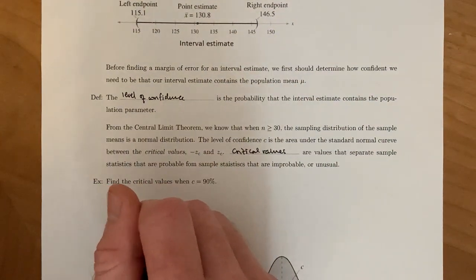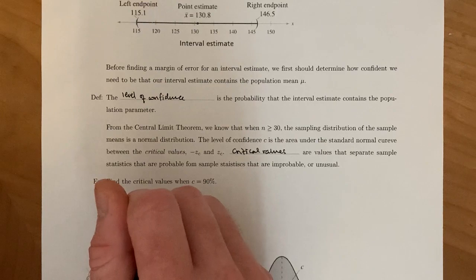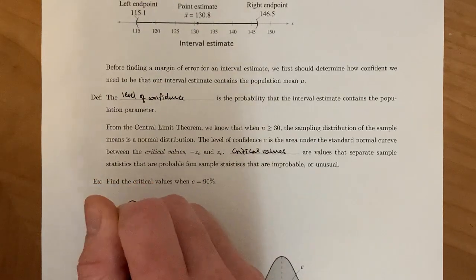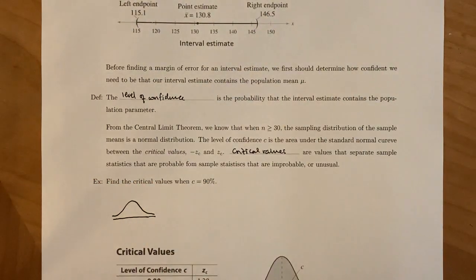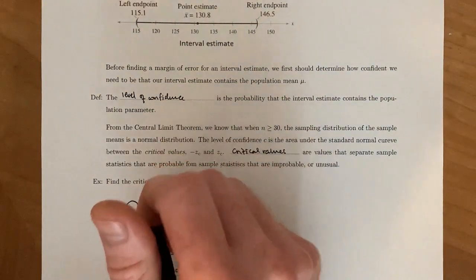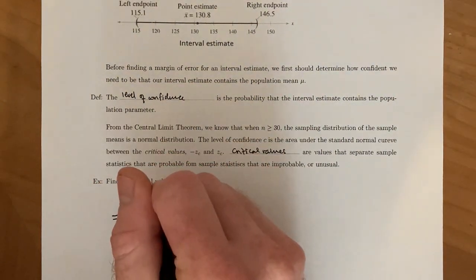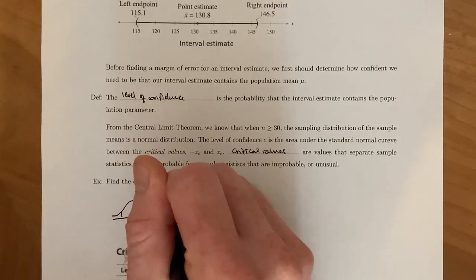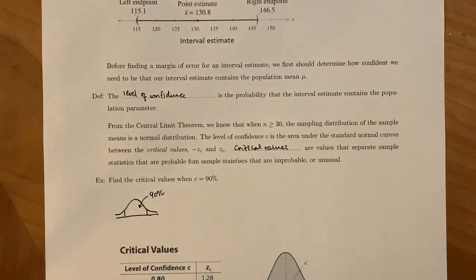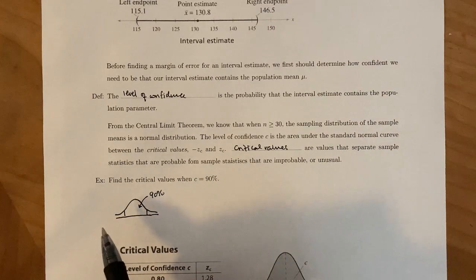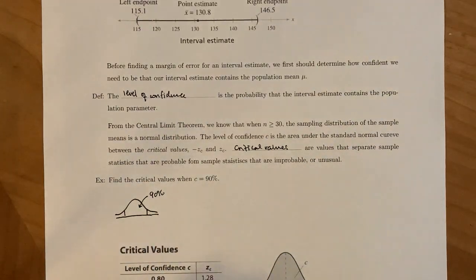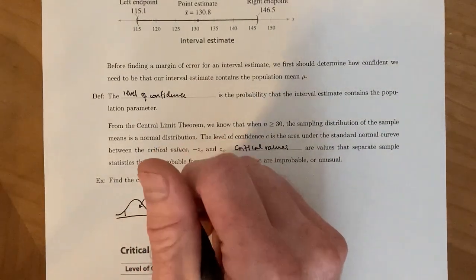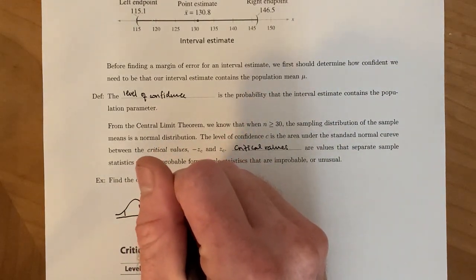First, let's draw a normal distribution here, and we're going to find the middle 90%. So this is 90% of the area, and if you remember, the area underneath this bell curve for a normal distribution, if you took the entire area, would equal 1. So 90% of 1 is 0.9.